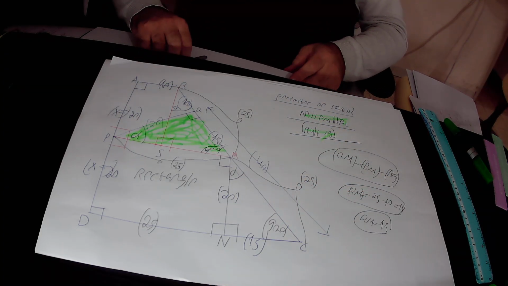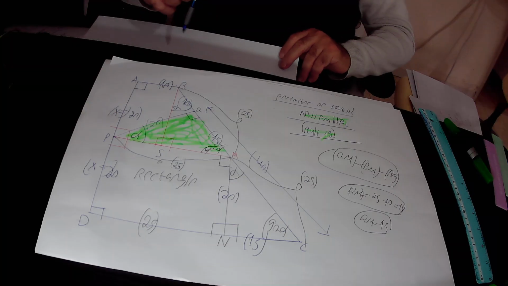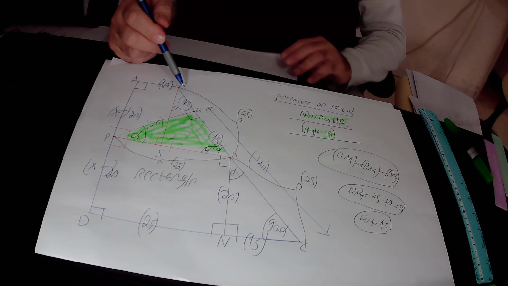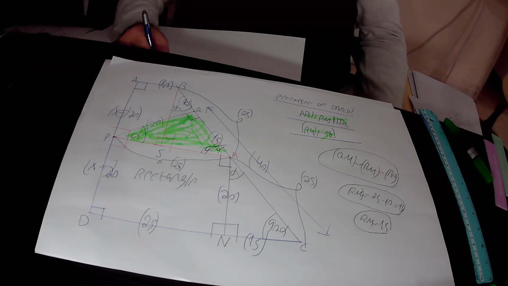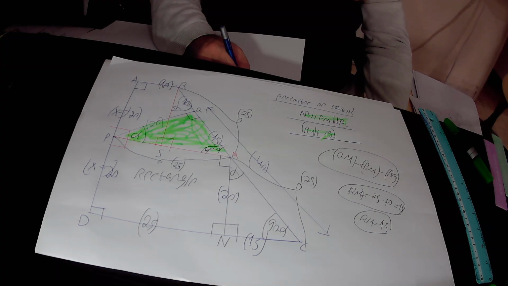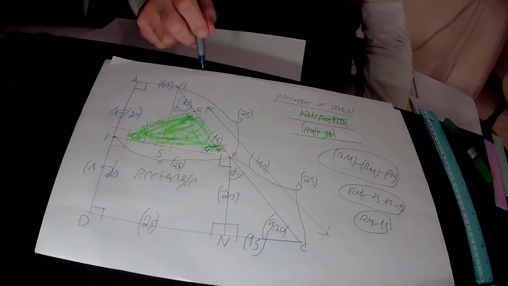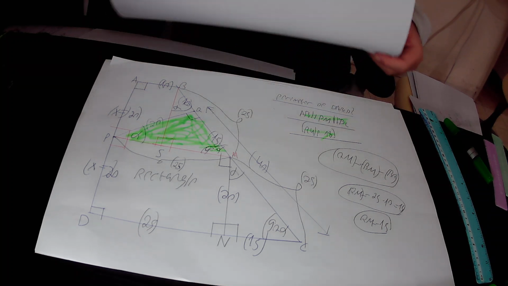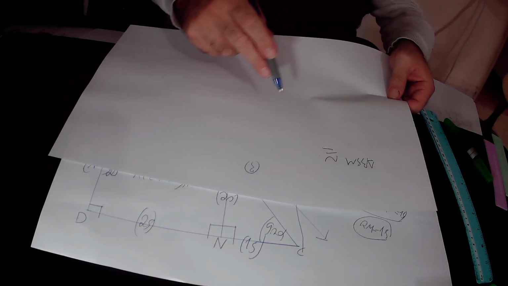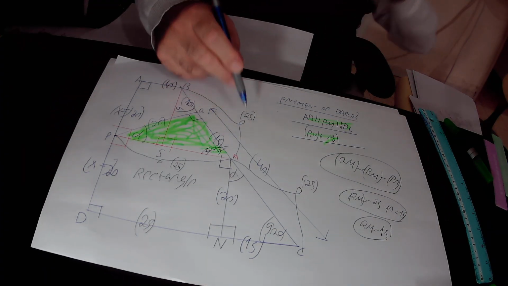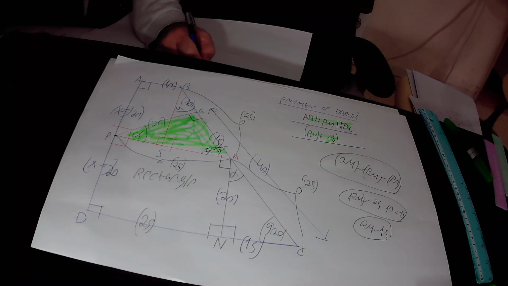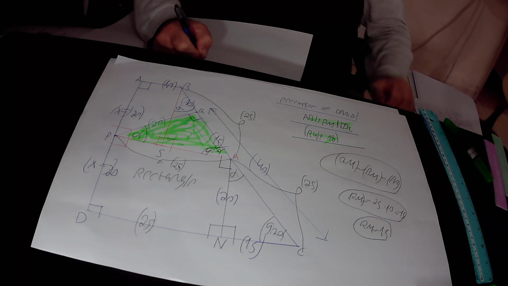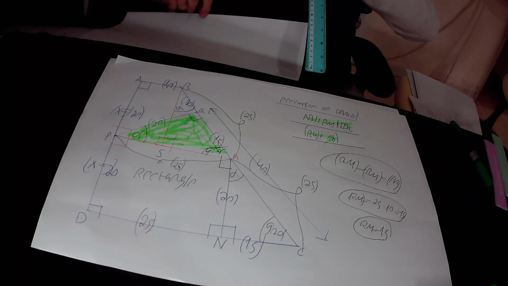So until now, we found out that this is the right triangle BSM, and it converts to this lower right triangle MNC according to the angle side angle rule.